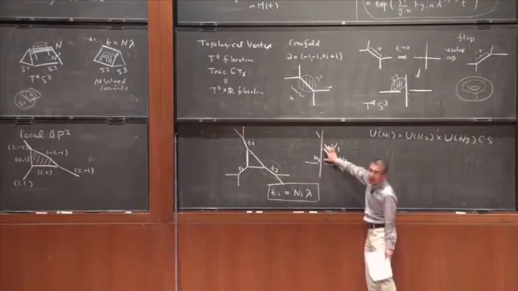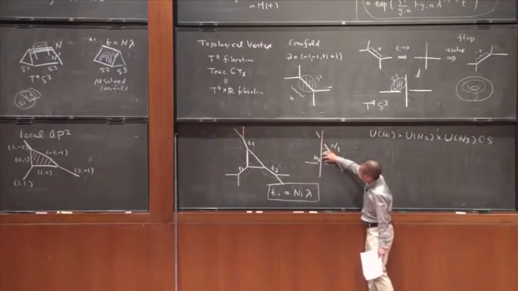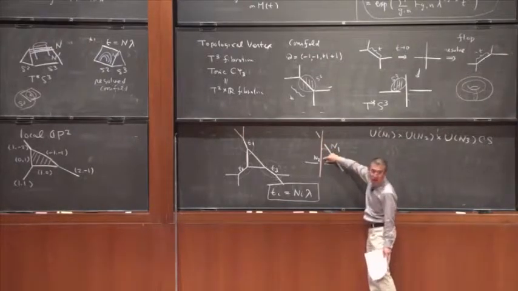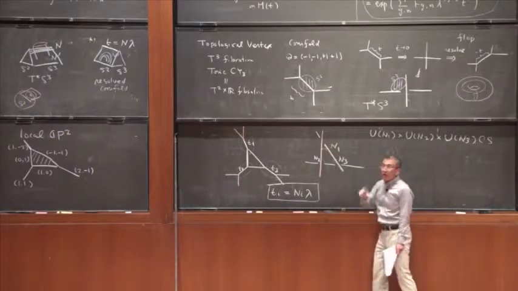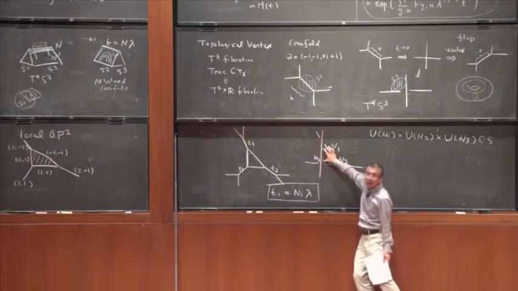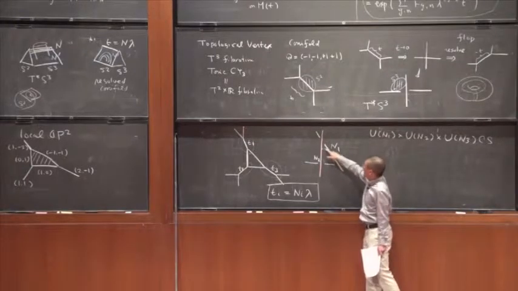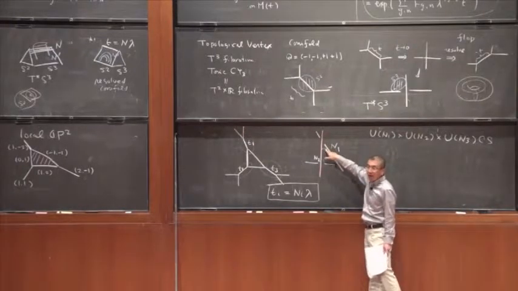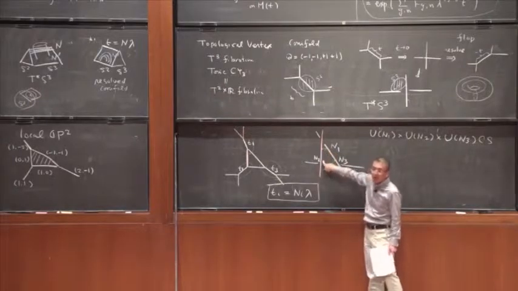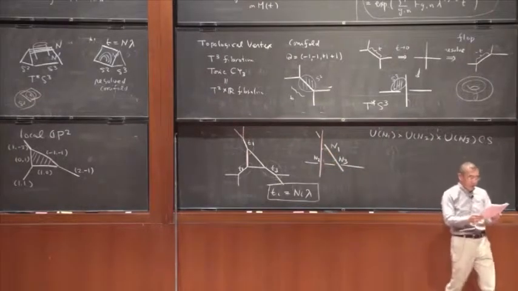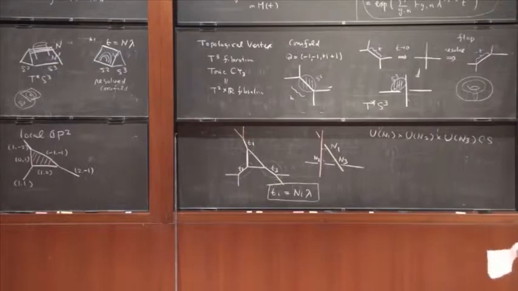So nothing prevents us from thinking. Open string with both sides ending on each one of them gives you Chern-Simons theory. But open strings stretched between these D-branes give rise to bifundamental fields with fundamental representation in UN1 and anti-fundamental representation on UN2, etc. So you do the Chern-Simons partition function.